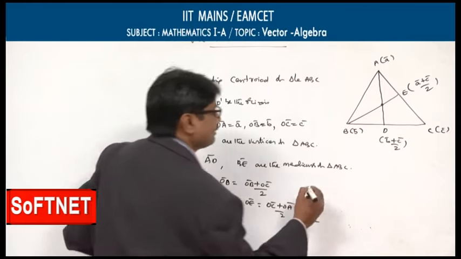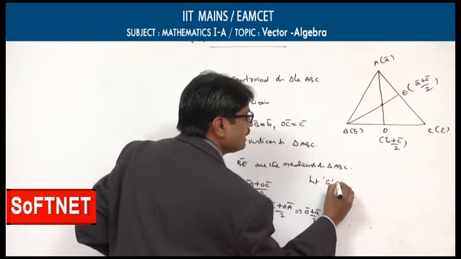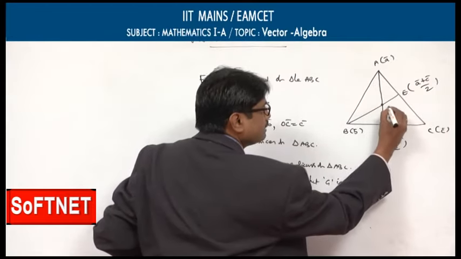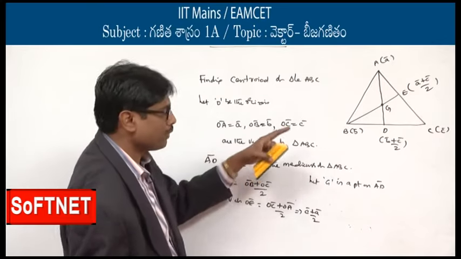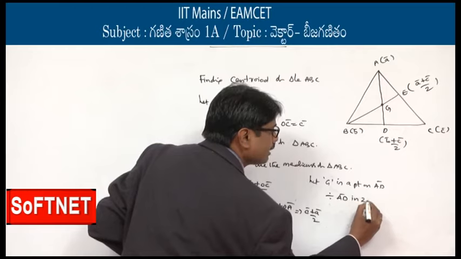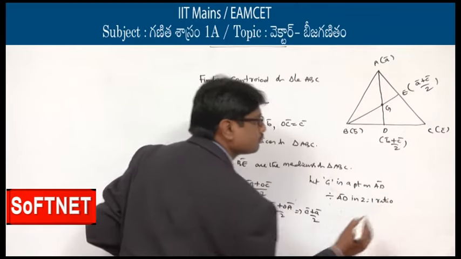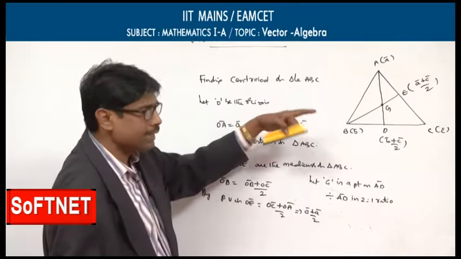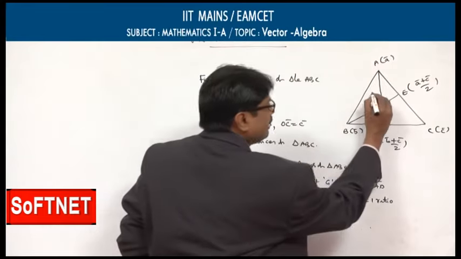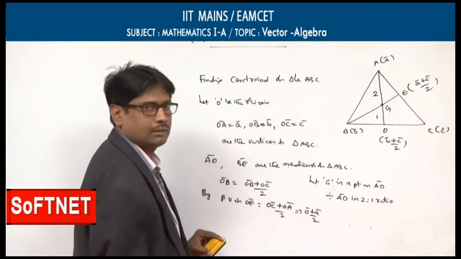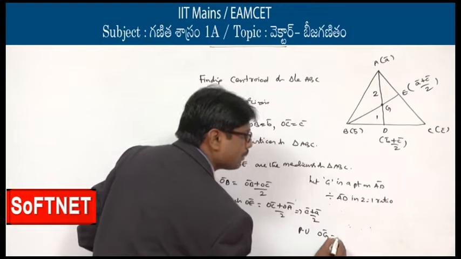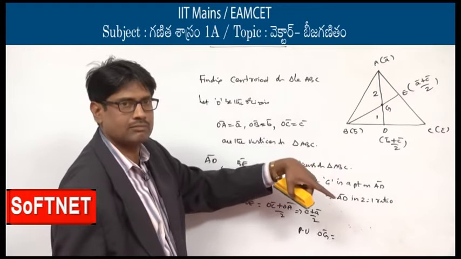You assume, let G be a point on AD bar. I took a point G on the AD bar median, which divides AD bar in the ratio of 2:1. It is nearer to A, 2:1. So according to the position vector, OG bar is equal to, just now we derived the section formula.